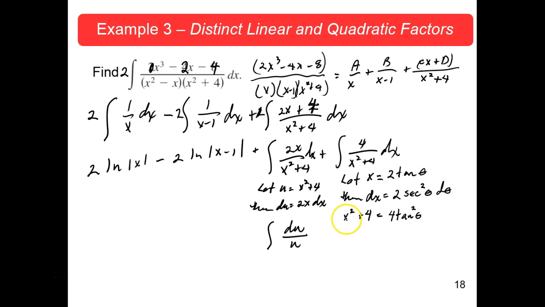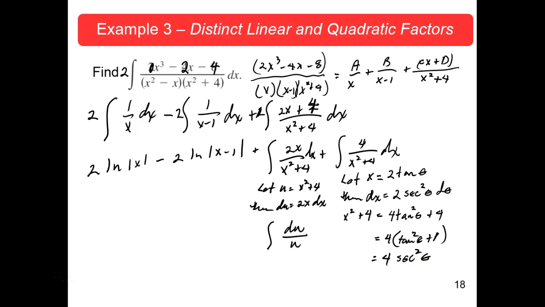That's the x squared part plus 4, which is equal to 4 times tangent squared theta plus 1, factoring out the 4. And what would that be? What is tangent squared plus 1? Pythagorean, secant squared theta.